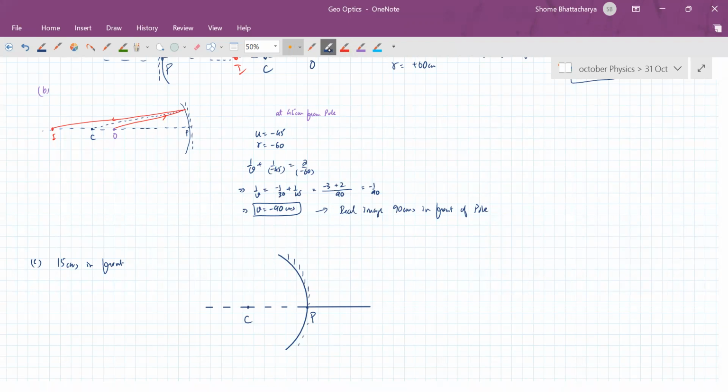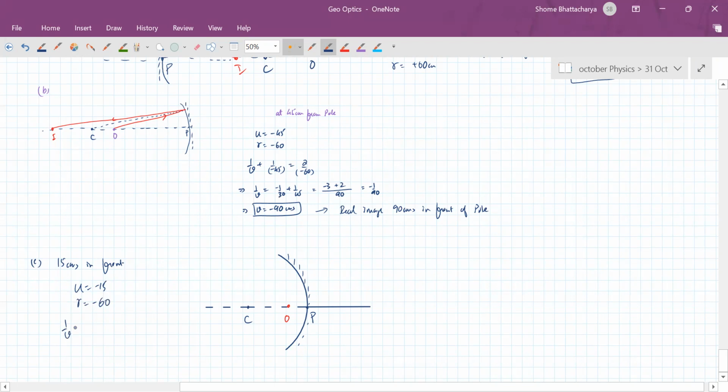Now in this, what we'll see is that the object is placed somewhere like this, because it's less than half the radius of curvature. So we will put u as minus 15, R as minus 60.